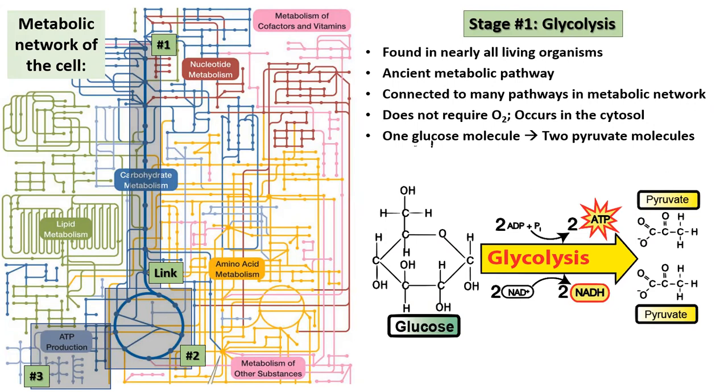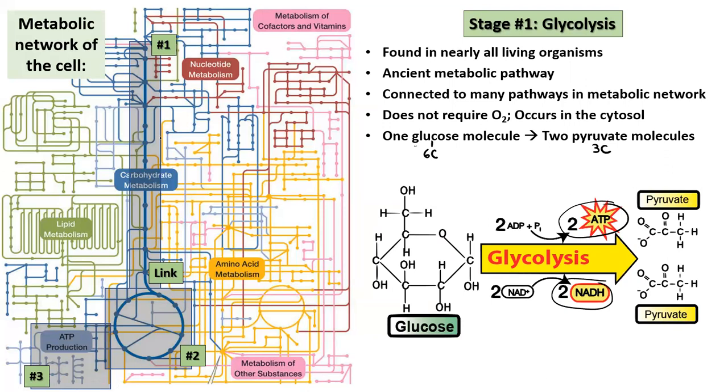So glucose contains 6 carbons, and through all those chemical reactions, we're going to make 2 pyruvate molecules, which contain 3 carbons each. In that process, we're also making 2 ATPs as well as 2 NADH. And NADH contains some energy that will be used later on to make more ATP.